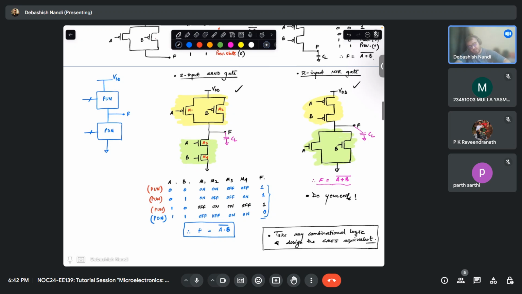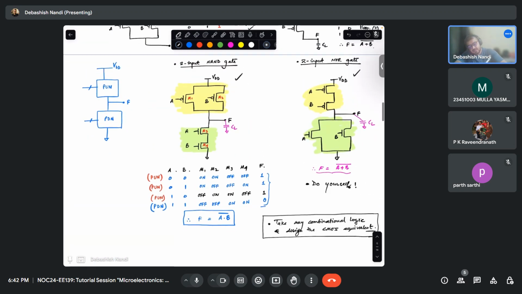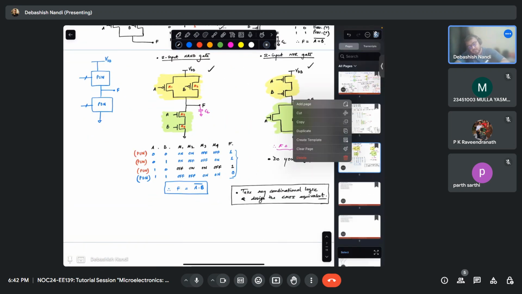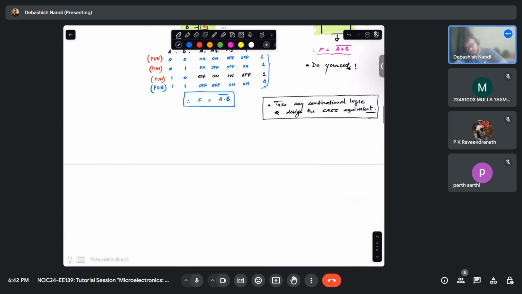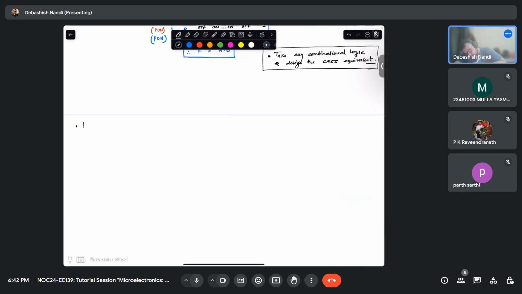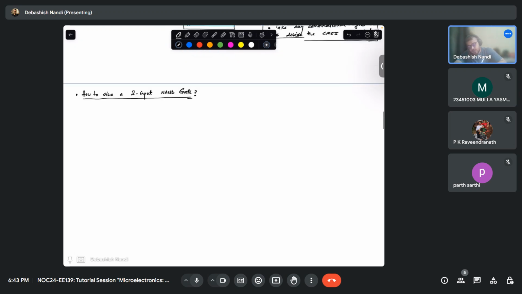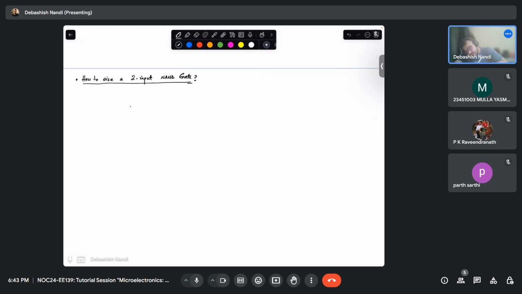Okay. Now coming back to the point of sizing. Let us take the example of NAND, two input NAND. How to size a two input NAND gate? So what was our implementation? Our implementation was something like this.